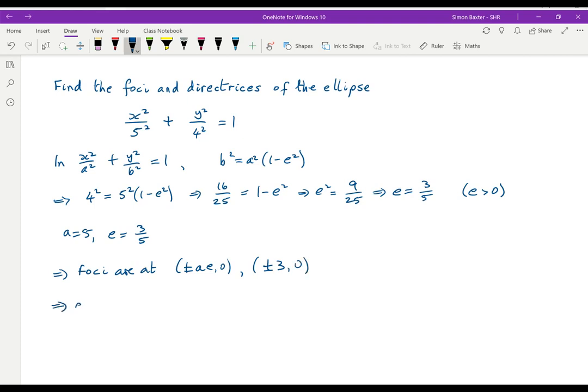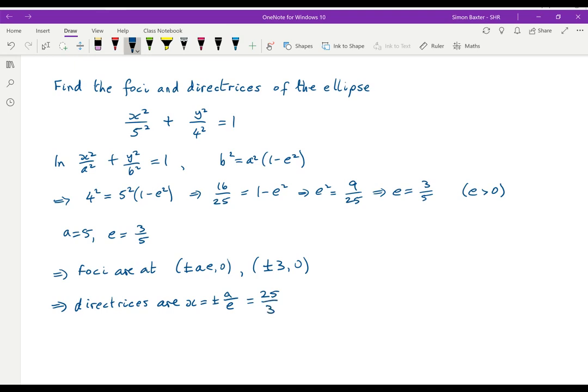And the directrices are x equals plus or minus a over e, and in this case a is 5 divided by 3/5, that is 25/3.